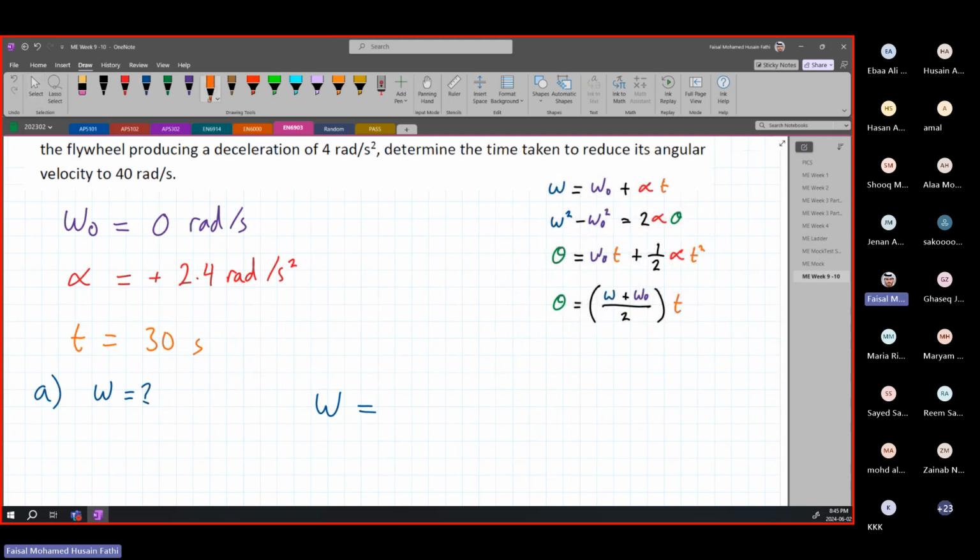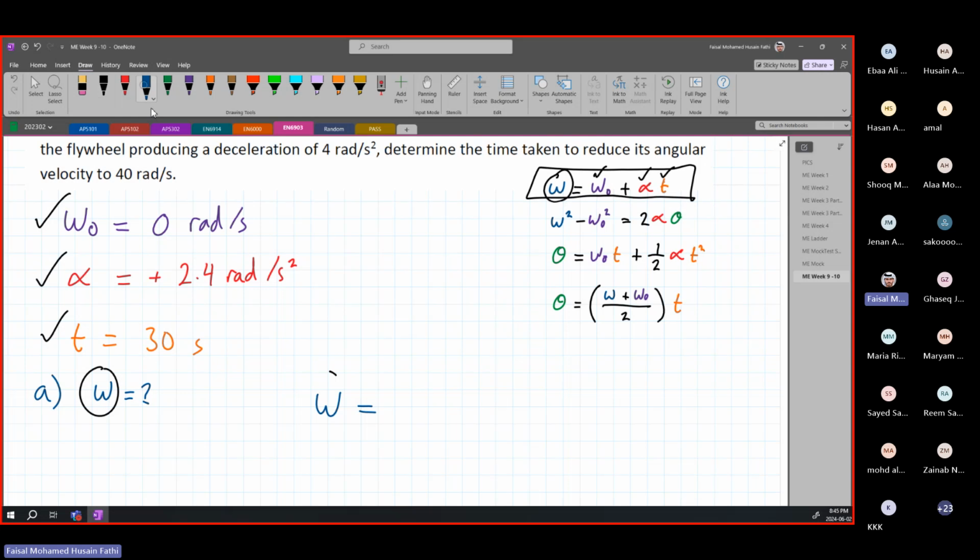So we need to look for an equation in which we have all of these givens. We have omega 0, we have alpha, and we have t, and we need to find omega. The first equation is the most reasonable.